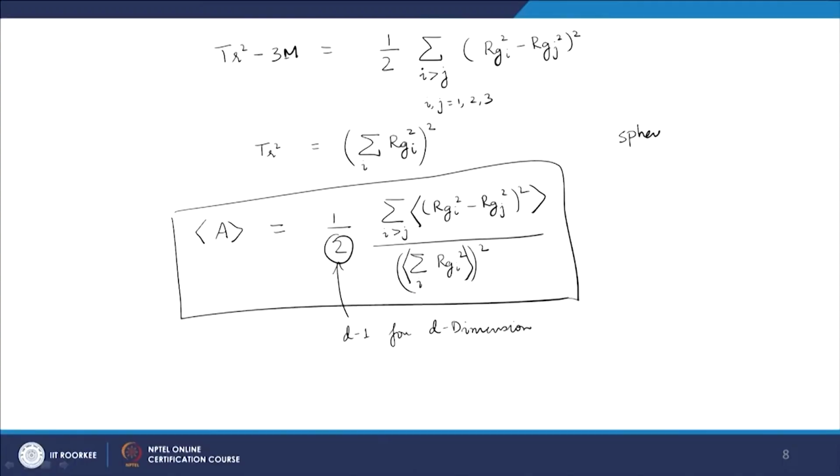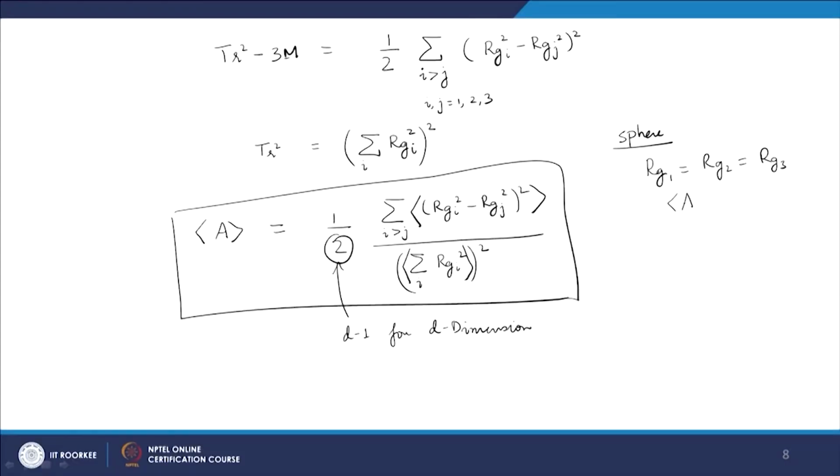So let's say what happens when we look at a sphere, in which case Rg values are identical. So the numerator will always be equal to 0, because if I square and take a difference, we get 0. So A equal to 0 for a perfect sphere.